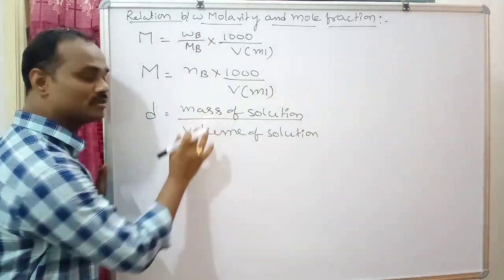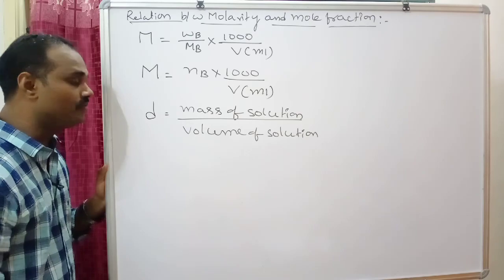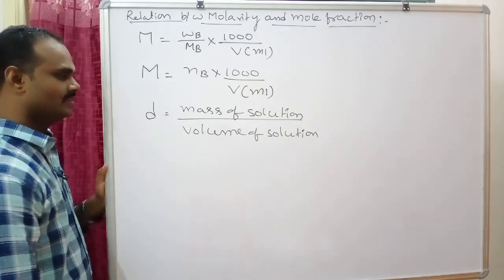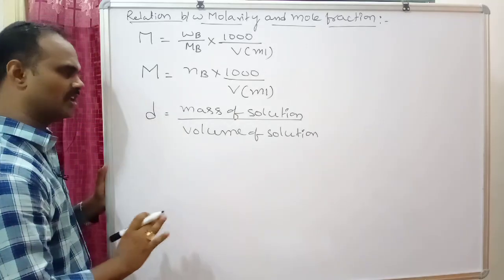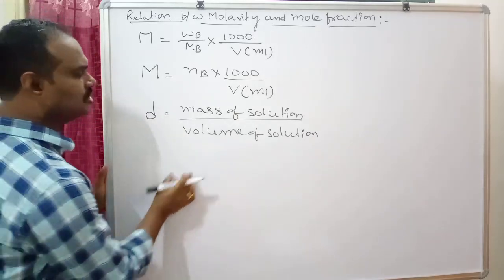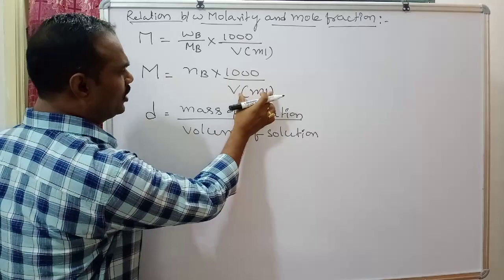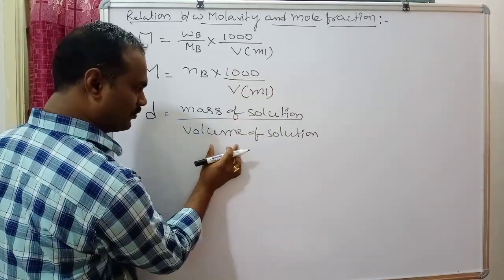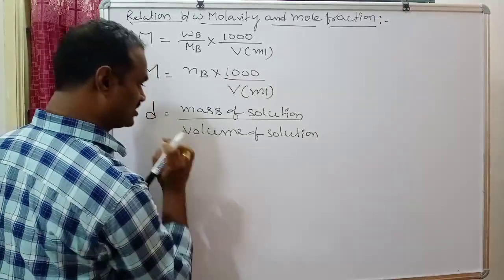Mass of solution means it is the sum of mass of solute plus solvent. Here volume of solution is the total volume. In the molarity formula we want volume, and we are getting that volume from this equation.